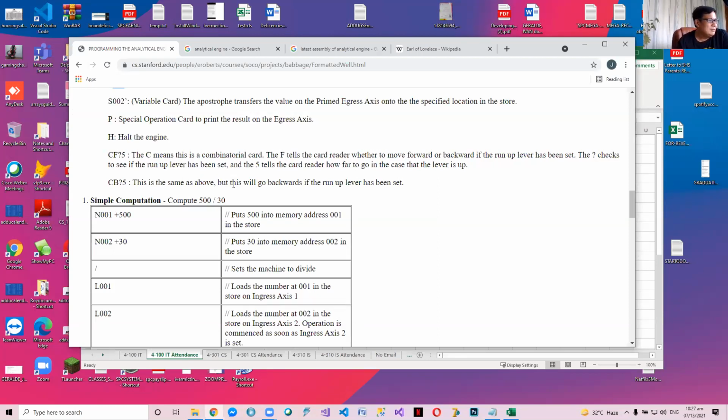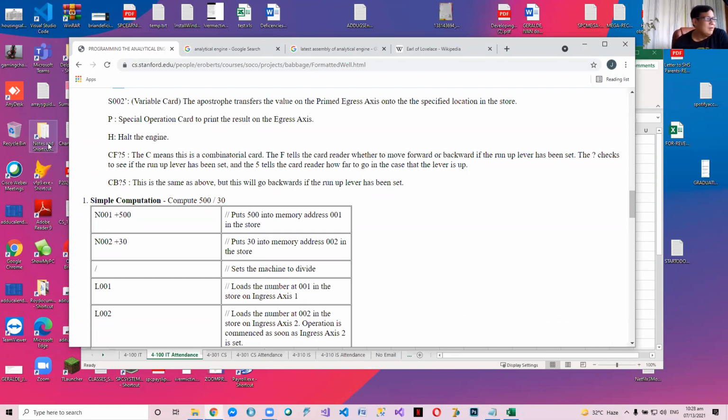So CF is move forward 5 times. Do you follow? Move forward 5 times if the run up lever is set, which means it has a value, a non-zero value. When we say set, the value is not 0.